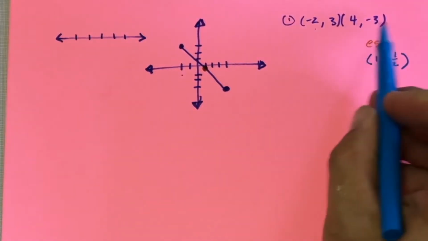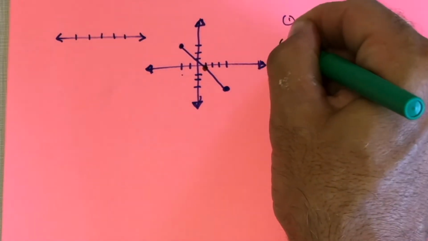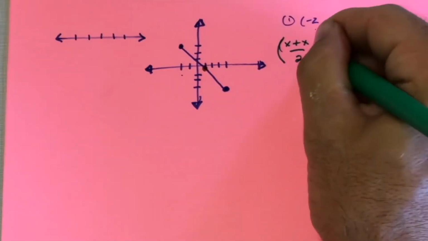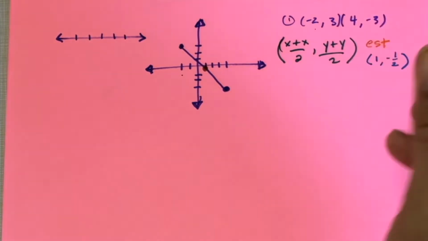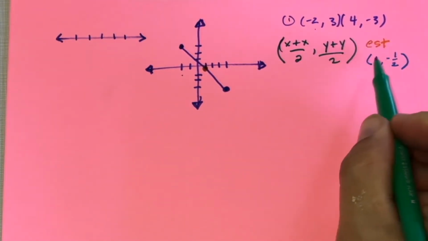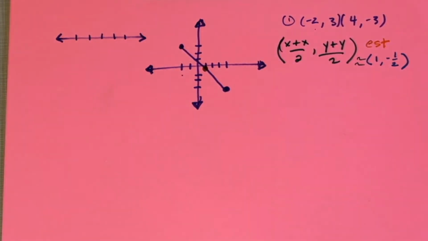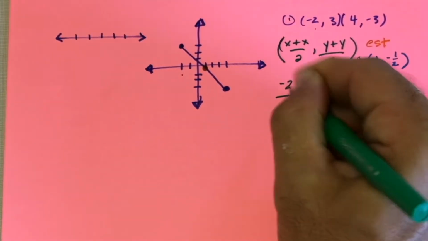So when I do use my formula, which is adding my x coordinates and dividing by 2, and then adding my y's and dividing by 2, I want to make sure that I'm getting something relatively close to my estimate. So let's do that. Let's add our x's, -2 plus 4, divide that over 2.